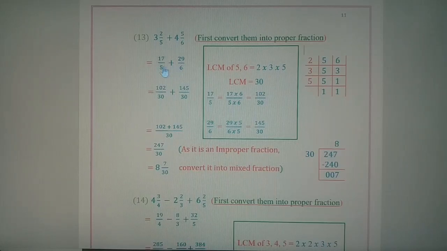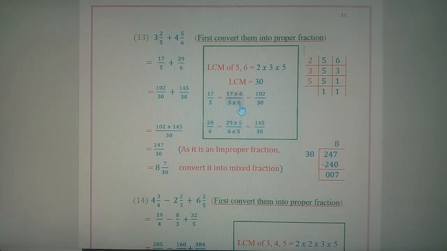Now since the denominators are different, we have to convert the denominators into the LCM, 30, so that both the fractions become like fractions with equal denominators. In the rough column I have done the calculation. 17 upon 5 should be multiplied with such a number that the denominator 5 is converted into 30.